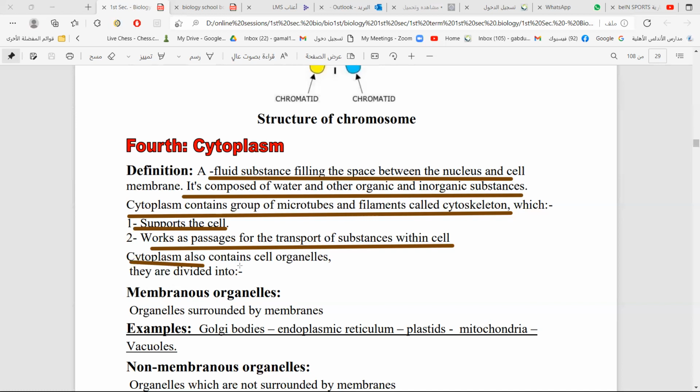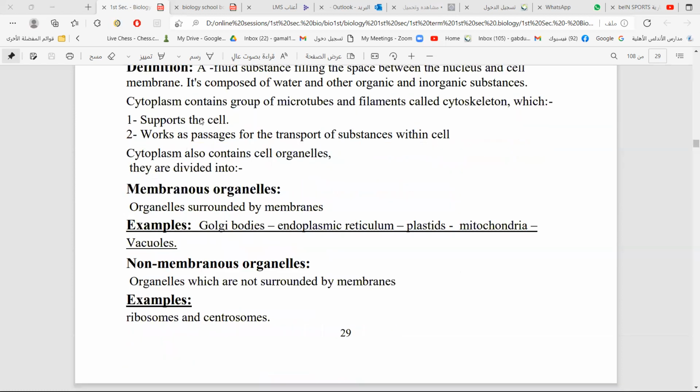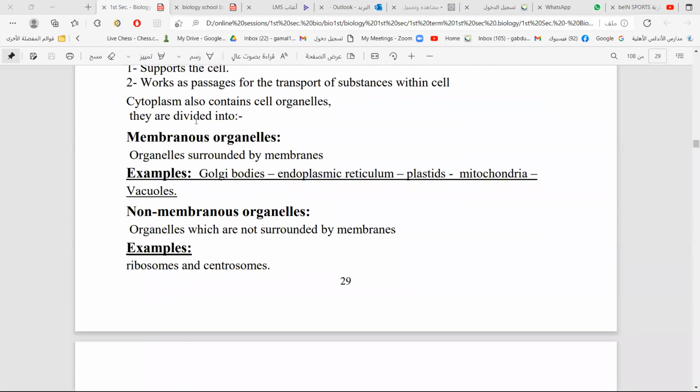The cytoplasm contains many organelles. Organelles inside the cytoplasm can be divided into two types: membranous organelles, which are surrounded by a membrane, and non-membranous organelles, which are not surrounded by a membrane.